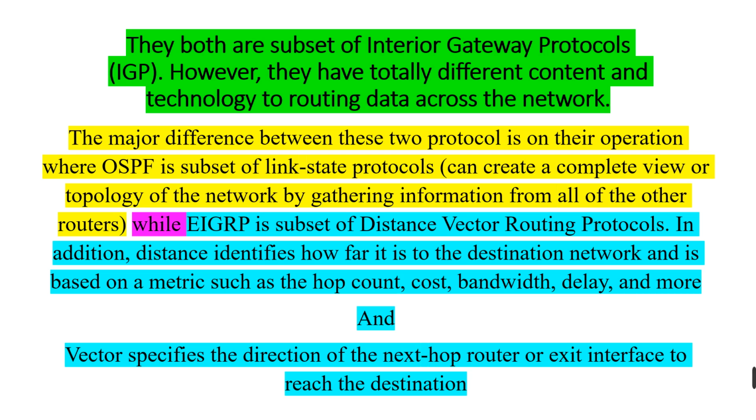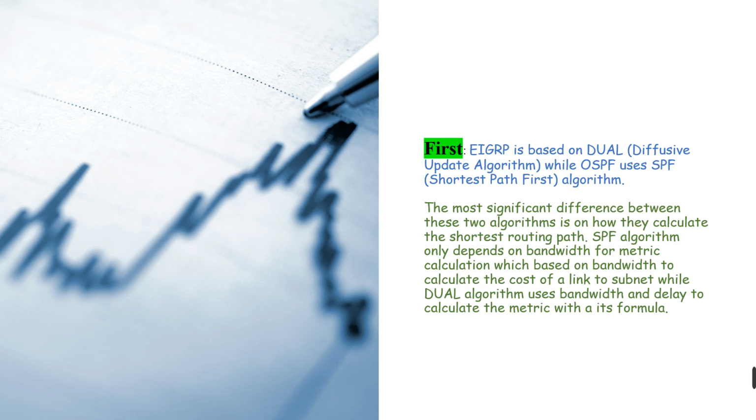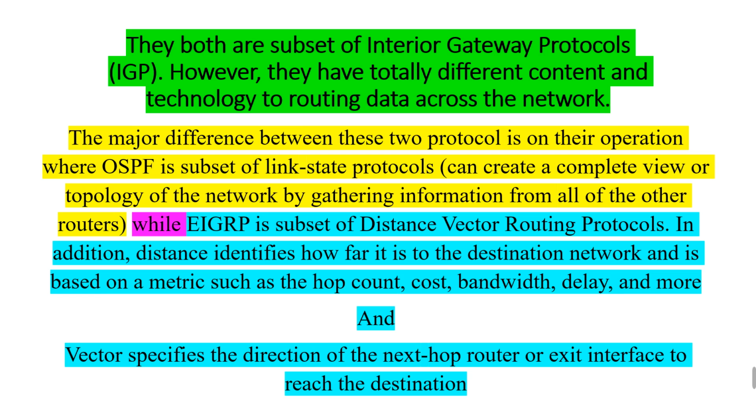So now we reach our first topic about the differences that we want to talk about, because I would say the previous details were just very basic information on the differences between these two routing protocols.